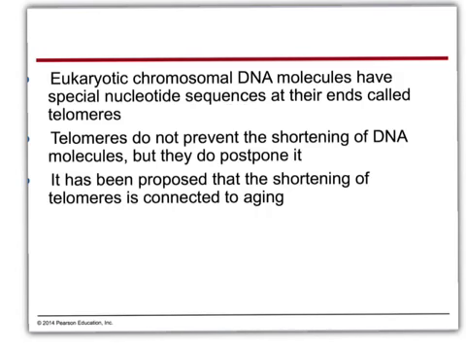The shortening of telomeres and DNA in the overall length of chromosomes has been associated with aging. Okay? So over time, your telomerase, that enzyme that extends and maintains telomeres, decreases in activity. That has been associated with aging.